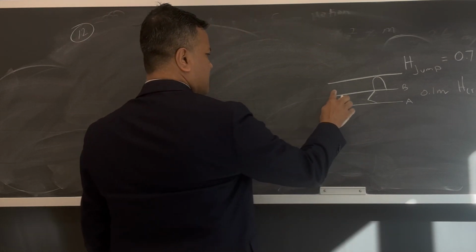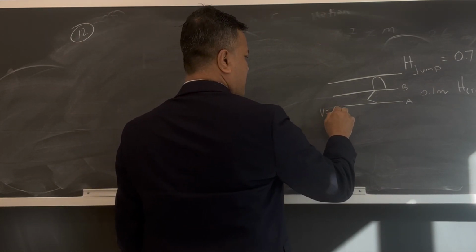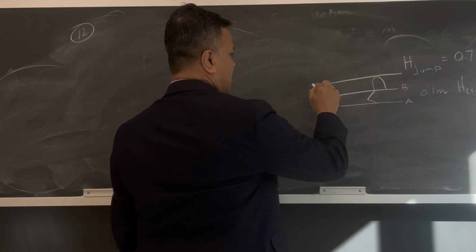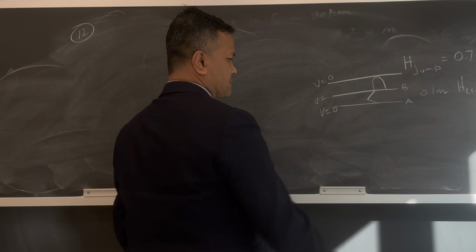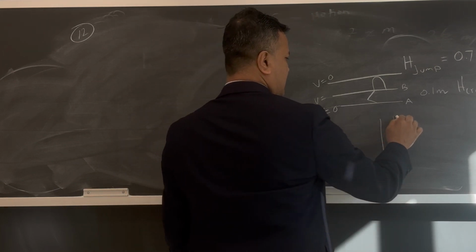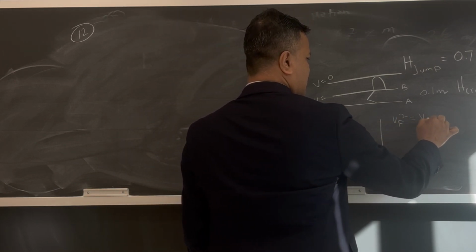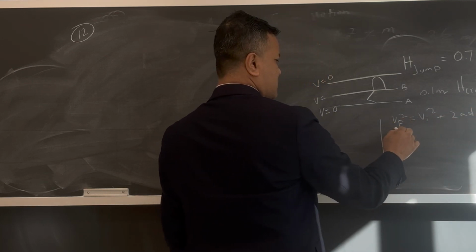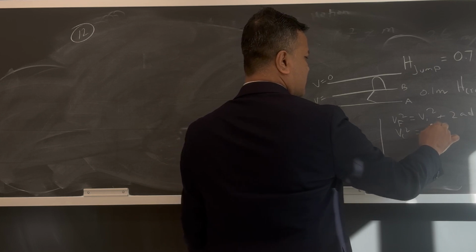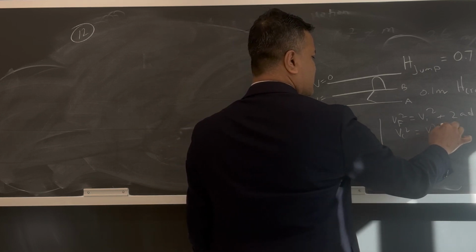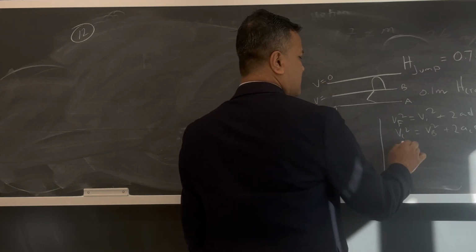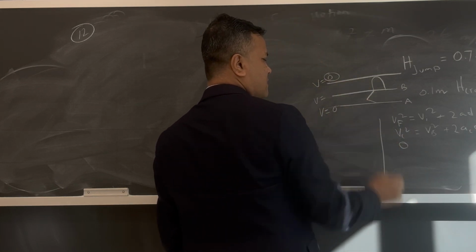Your velocity over here is 0. Your velocity over here we have to find, and your velocity over here is 0. Vf squared is equal to Vi squared plus 2ad. So this one is your Vc squared, this one is your Vb squared, this one is your ac, this one is your dc. This one is 0 because velocity over here is 0.